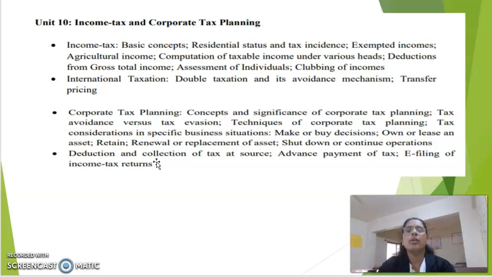If you concentrate on the basic concepts, most questions are related to topic number 1, which is very important, and all theoretical backgrounds are asked, except computation of taxable income under various heads, which will be discussed in detail. That is, if salary income, income from house property, income from other sources are there, all the points regarding them will be considered under this point.